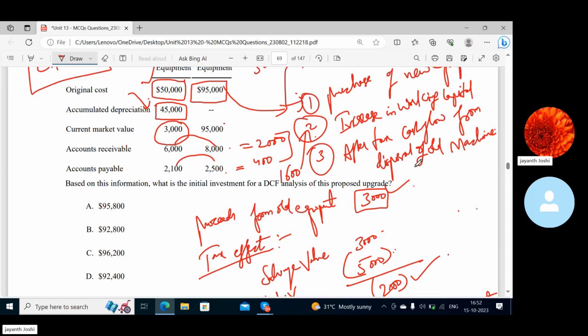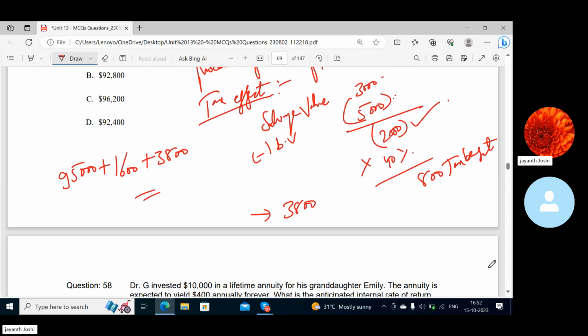So this is 3,800. 1,400,000. No, you have to do the calculation. This we have to remove, because this is disposal, right? Disposal of old equipment. We are selling it. 92,000.